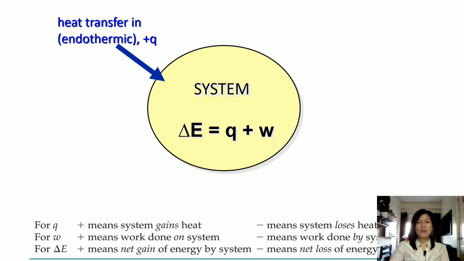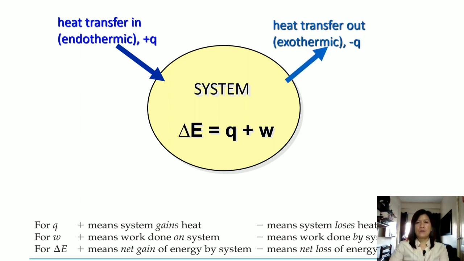Positive Q means positive value of heat energy. Or heat may be transferred out from the system to the surroundings. In that case, the heat quantity is negative, meaning that it is lost by the system.